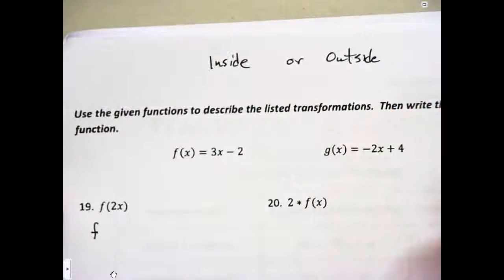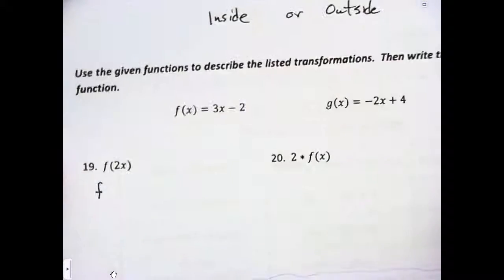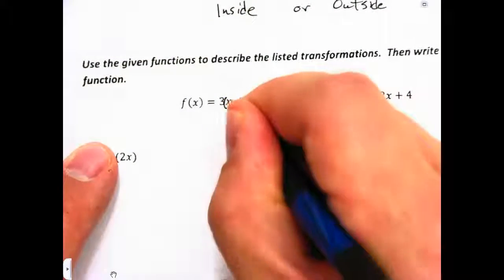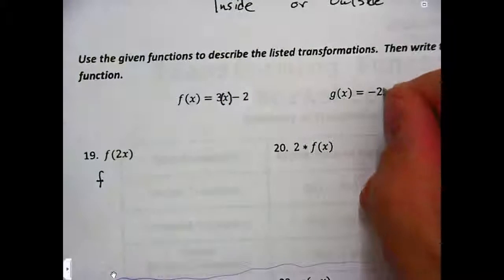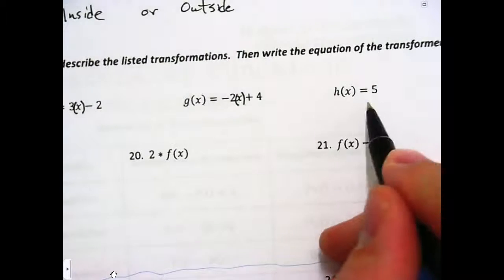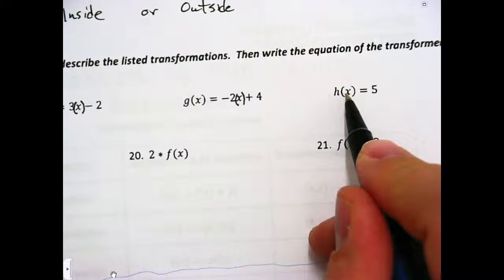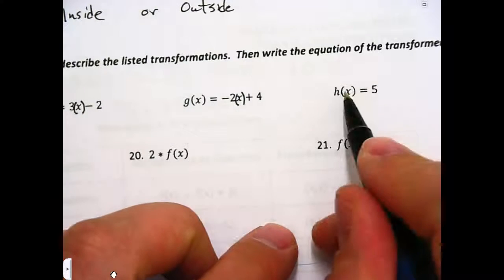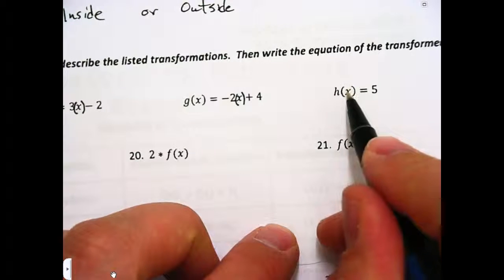All right? So remember what I said? A good way to remember this is, wherever you see a variable, put a parenthesis around it. Do we see a variable in this one? Of the h of x? Right there, but remember, this is like a label. This is like its name, h of x.